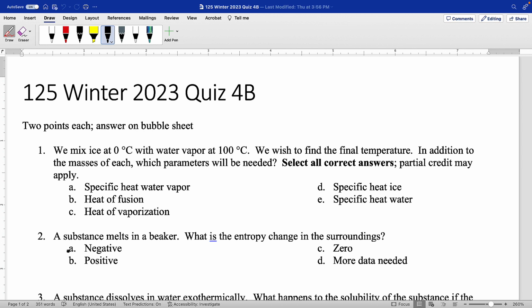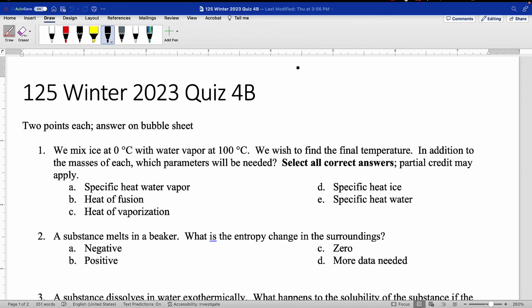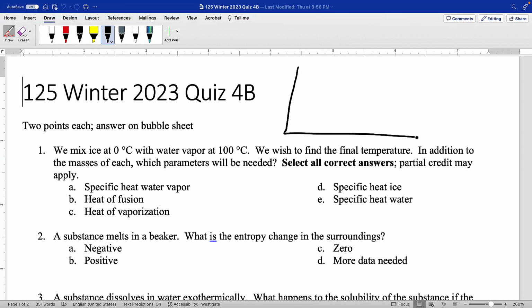So on this we have a question where we're looking at what parameters we need to calculate the final temperature. So once again, we want to figure out the concepts before we try to calculate numbers.